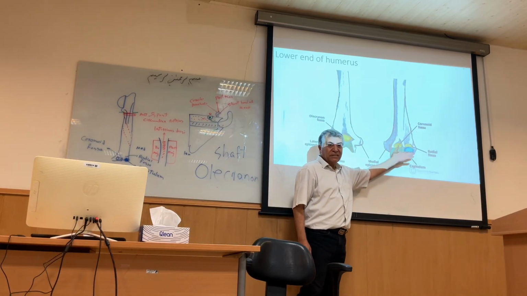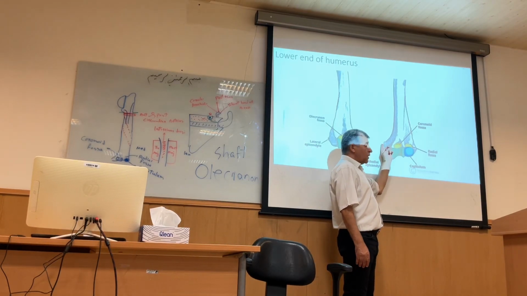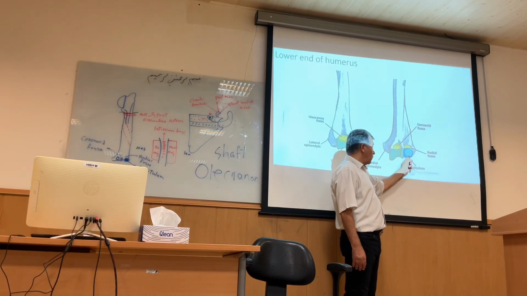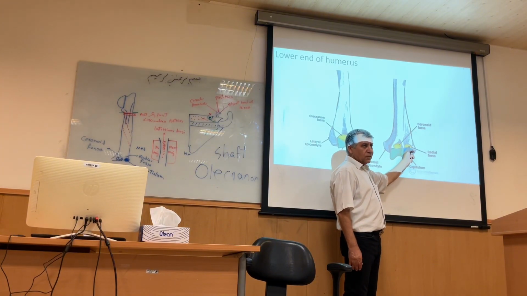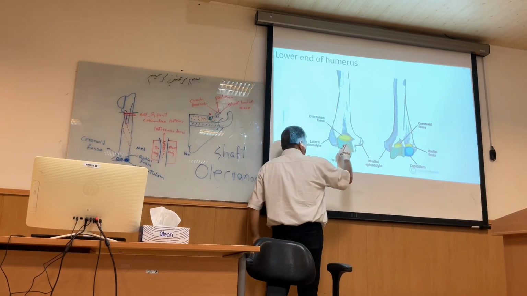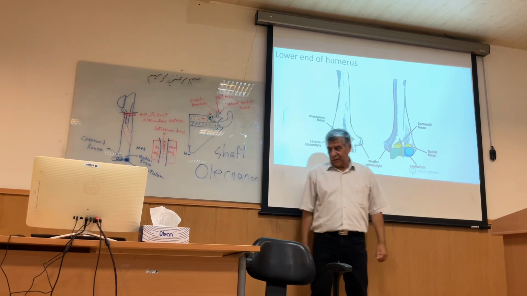Capitulum can be seen on the anterior surface. From medial to lateral: medial epicondyle, trochlea, capitulum. Above trochlea, coronoid fossa; above capitulum, radial fossa. Posteriorly, you can see trochlea, and above it, olecranon fossa.